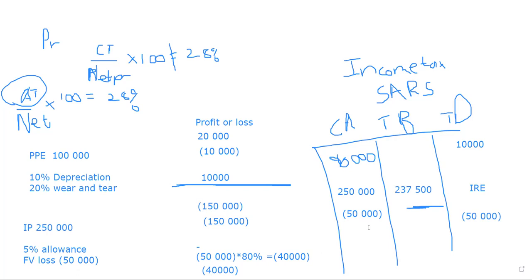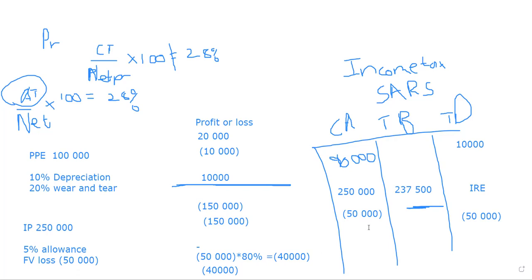So according to tax, we didn't deduct anything this year. Accounting said you had to deduct 50,000. However, don't forget, for deferred tax we are only accounting for the temporary part. The temporary part of this 50,000 is 50,000 times 80%, which is 40,000. According to accounting, we should have had a deduction of 40,000.